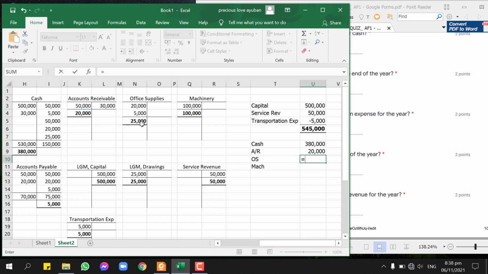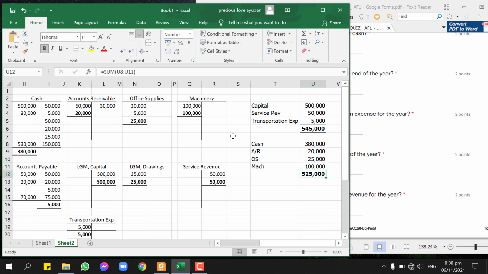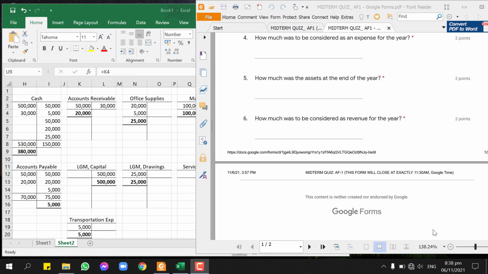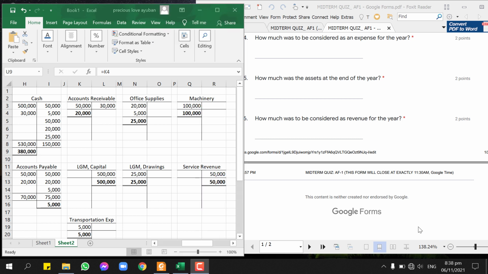So, i-add natin to lahat. Kasi ito yung ating total assets. So, ang total assets natin is 525,000 pesos. And lastly, how much is to be considered as revenue for the year? Okay, so our revenue for the year is 50,000 pesos.